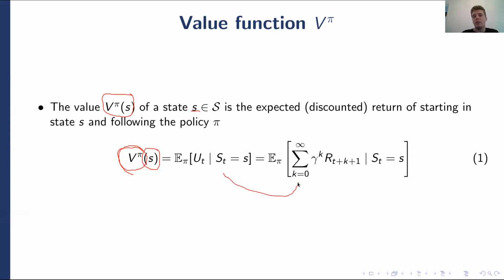Let me use this expression here. So the value of a state S under the policy pi is the expected discounted sum of future rewards that you observe if you start in state S and you take actions according to the policy pi.